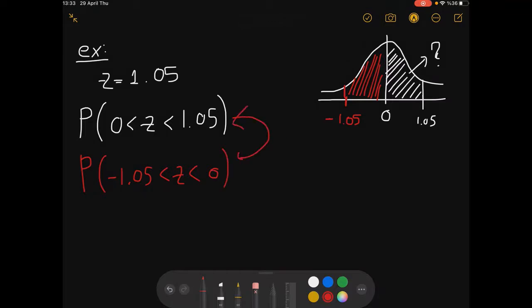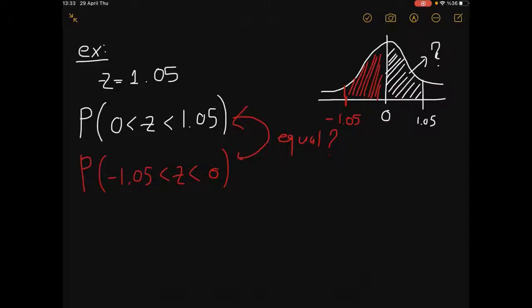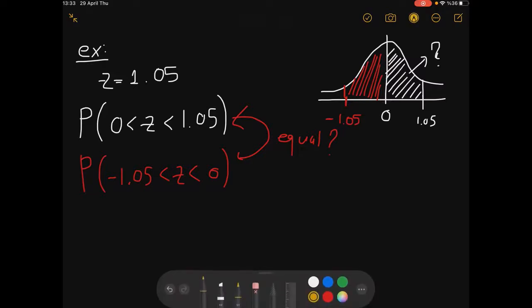Are they equal? Of course, yes, right? Because it comes from the definition that it is the mirror symmetric within the two sides right here.